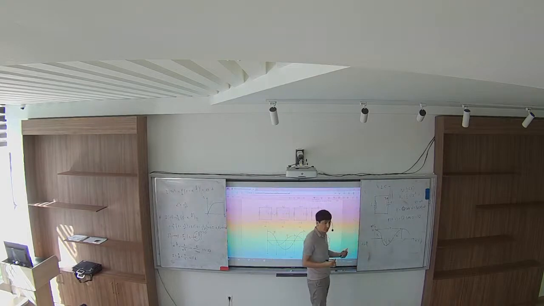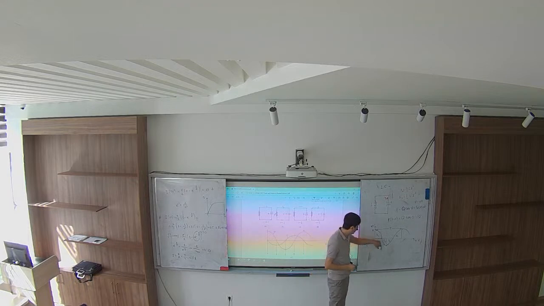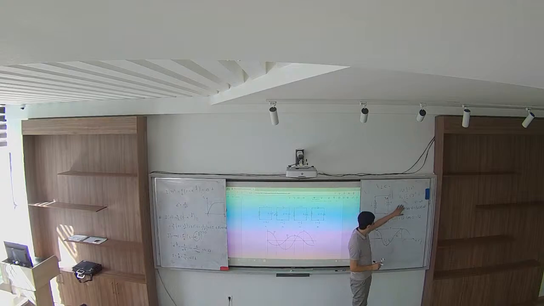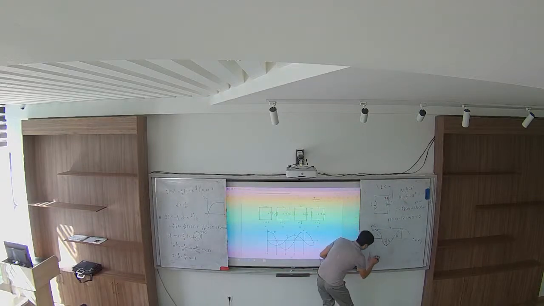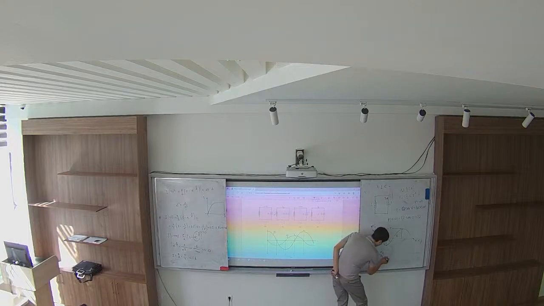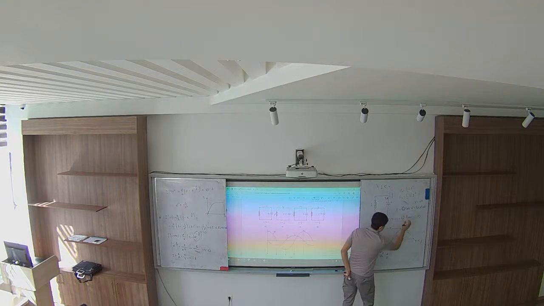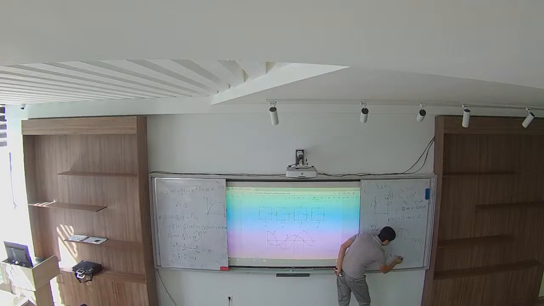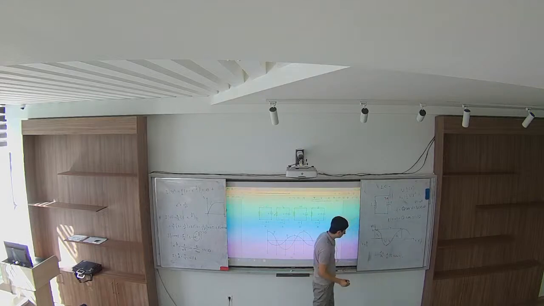So after 1/4 of the period, the charge reaches 0. It means that the current reaches its maximum value, because current is equal to what? dq/dt, right? If I substitute q by this equation, q cosine omega t, what is the derivative of the cosine?